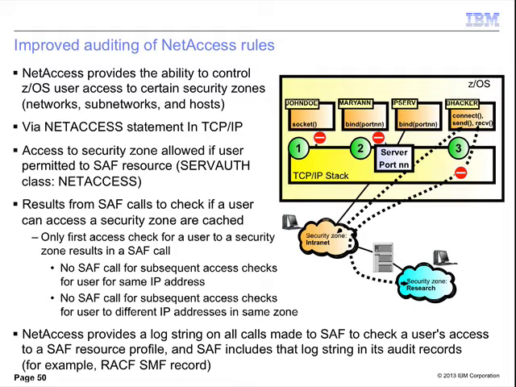Now consider that, but at the same time think about the fact that the security product, RACF, whenever it gets one of these calls, creates a log string which you can use from an audit perspective. So it can see what user is trying to access what zone, and over time do some auditing based on that.